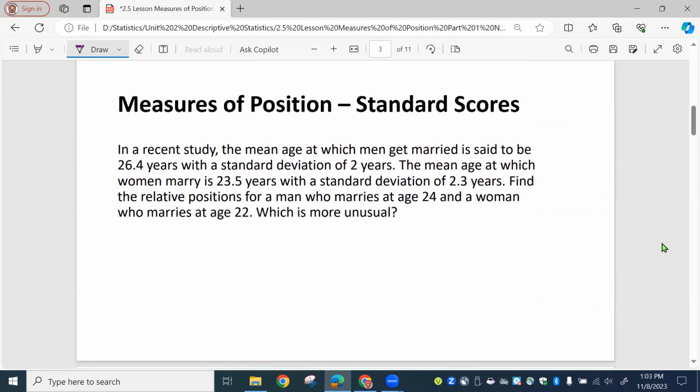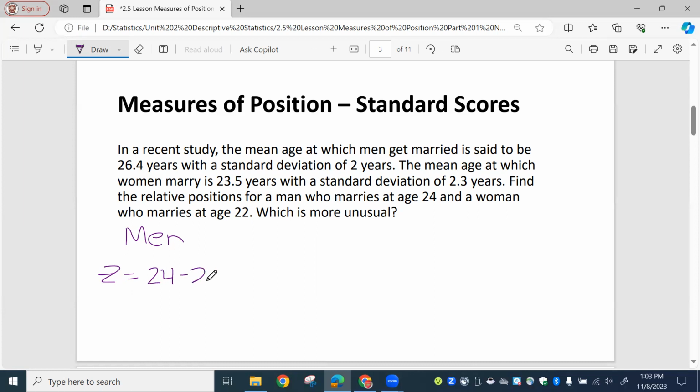Want to do another one. This one is about marriage and the age at which men and women get married. And so I can, again, I can calculate a z-score for a 24-year-old man.